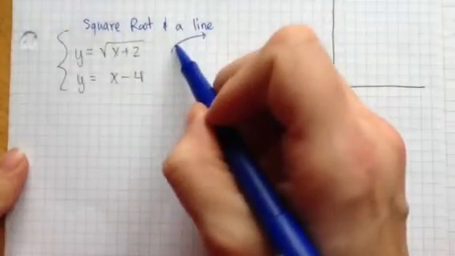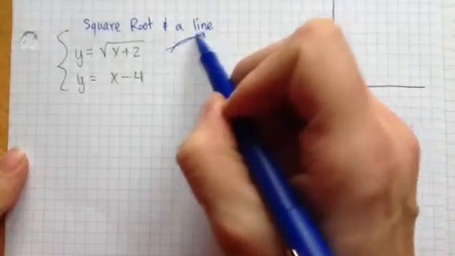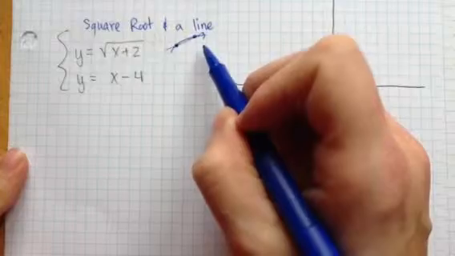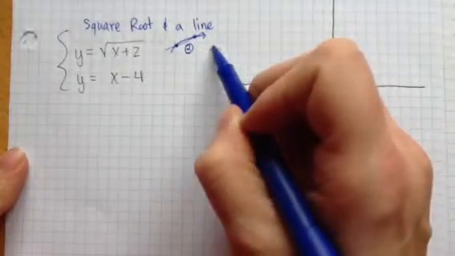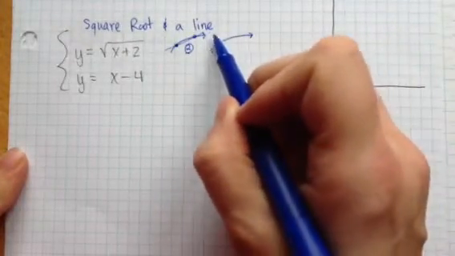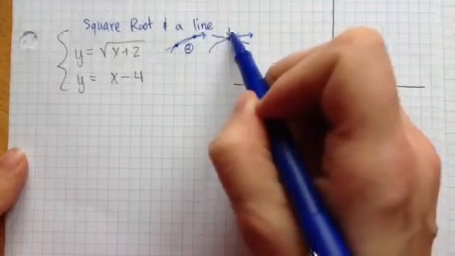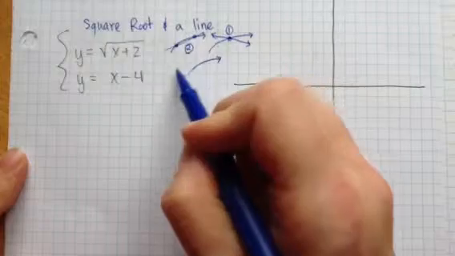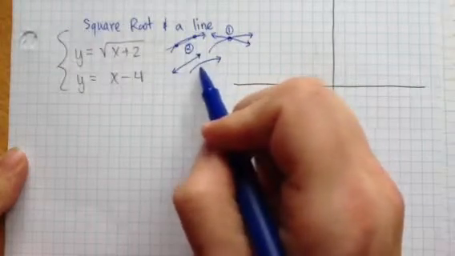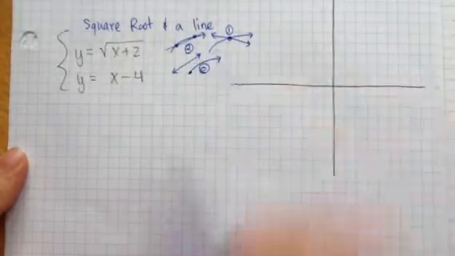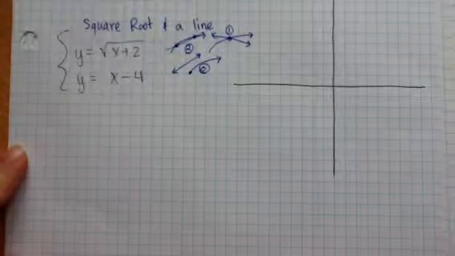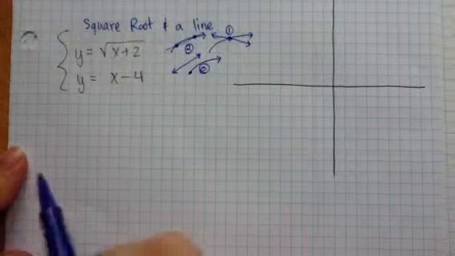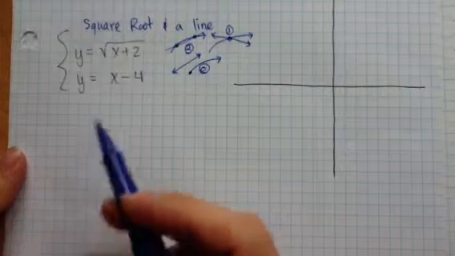So I guess my line could, if it was very careful, cross through two places. My line could very easily just cross through one place. Or my line could really just entirely miss the radical, so I could have 0 solutions. So let's see which this is going to be.